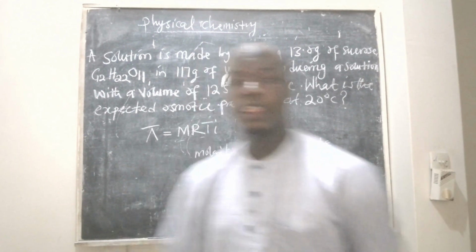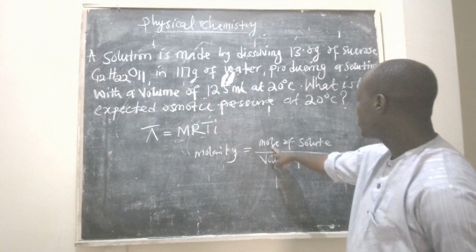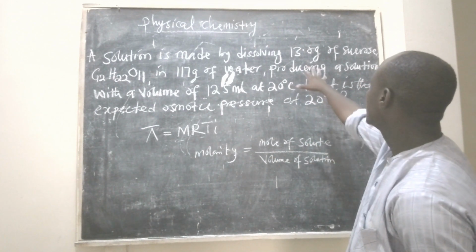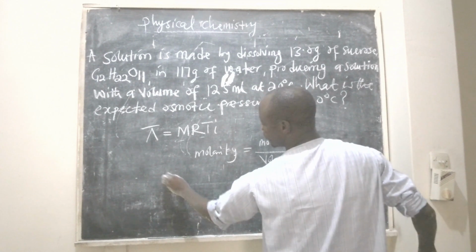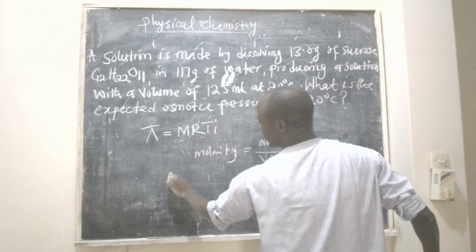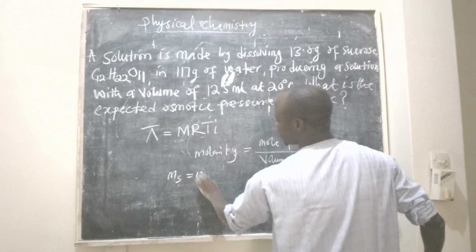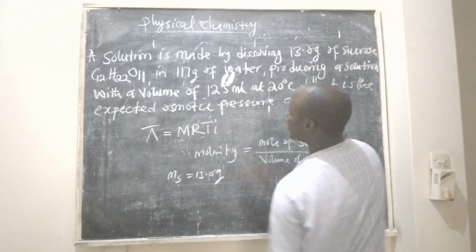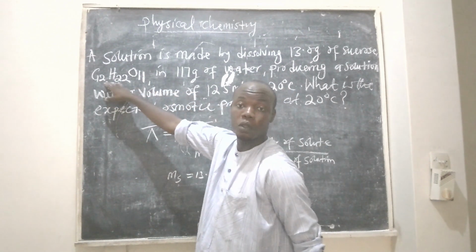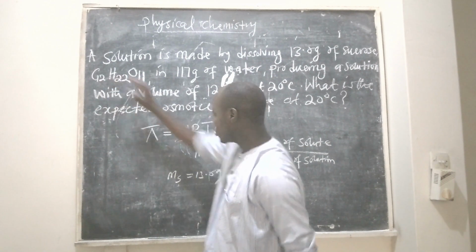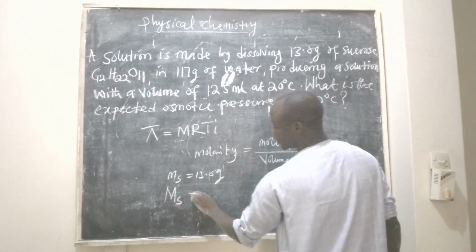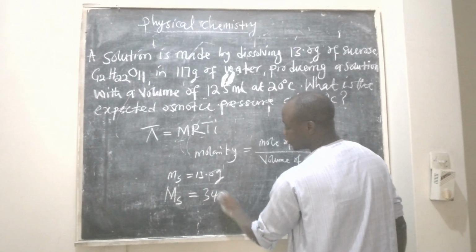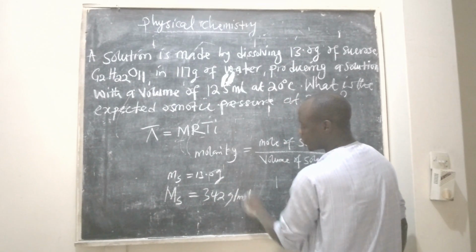So to calculate, we are now going to say moles of solute. Our solute is sucrose and the mass of sucrose is 13.0 grams. We have to calculate the molar mass. The molar mass of sucrose is 342 grams per mole.